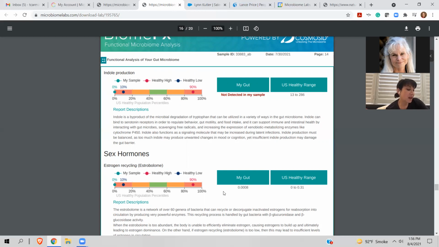They are very important for detoxifying those particular toxins. So indole has to be balanced so that process happens. It's saying here, too much indole may produce unwanted changes in mood and cognition, yet insufficient indole produces many changes damaging to the gut barrier. So there's a lot that our liver does for us, and it's important to make sure that the liver and the gut are working together well.